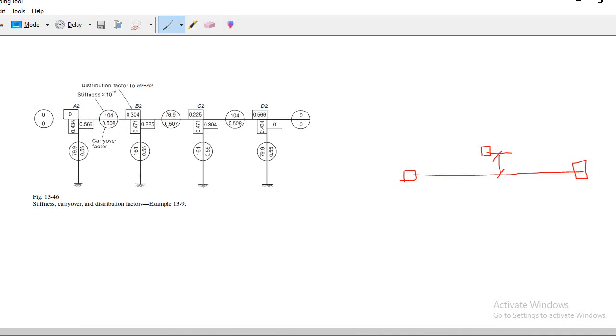Similarly, for this column, your distribution factor will be 161 divided by 161 plus 104 plus 76.9. Similarly, for B2C2, your distribution factor will be 76.9 divided by 76.9 plus 161 plus 104.